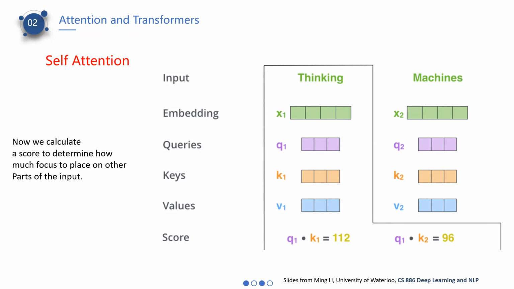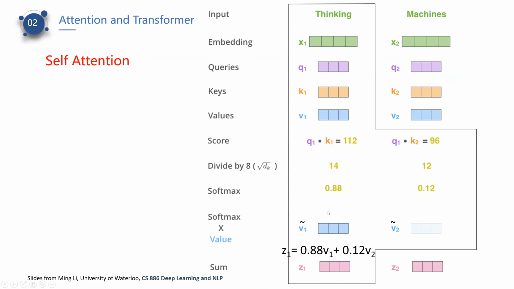We want to calculate the score to determine how much focus to place on other parts of the input. As we say, we want to capture the context, and I gave you an example in the beginning. So we went through the process, and now we got this one. Then we divide by the square root of the dimension. It's 8, so 112 divided by 8 is 14, and 96 divided by 8 is 12.